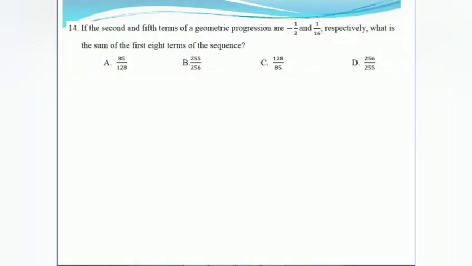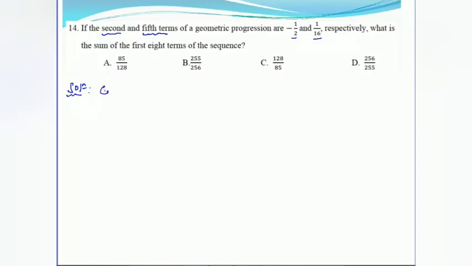The other problem from the past national examination paper is: if the second and fifth terms of a geometric progression are minus 1 over 2 and 1 over 16 respectively, let us write the given information first.